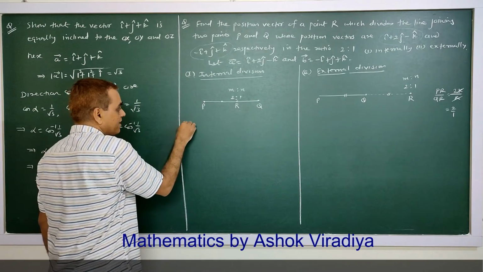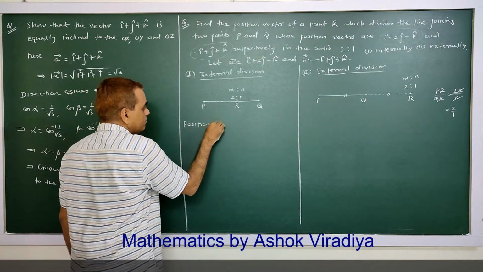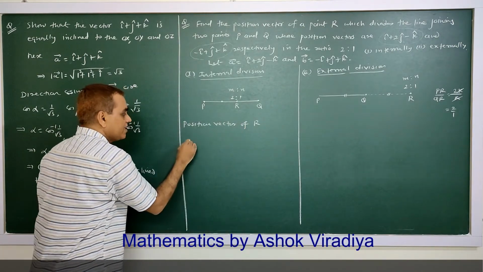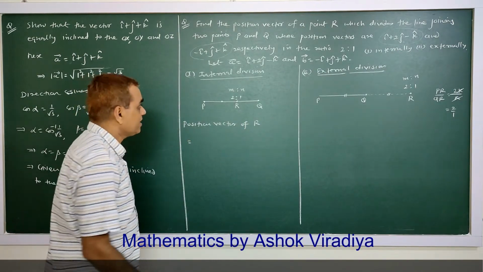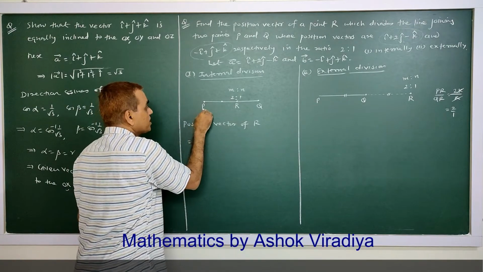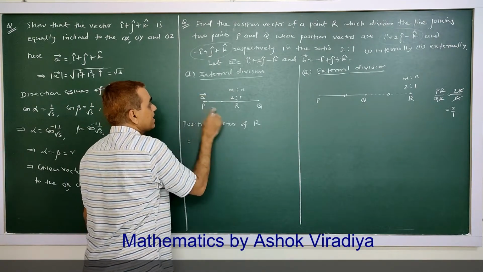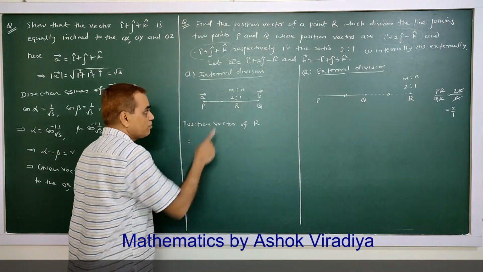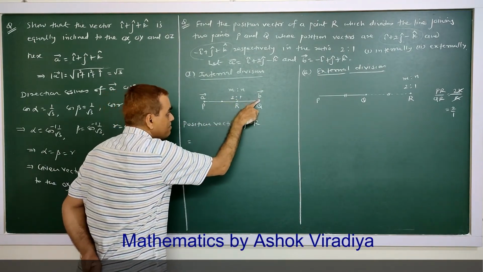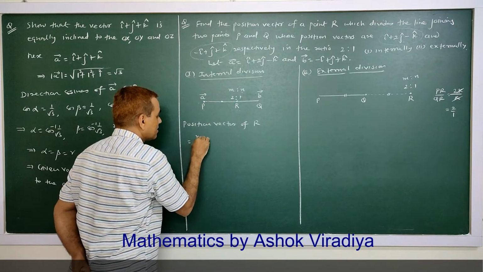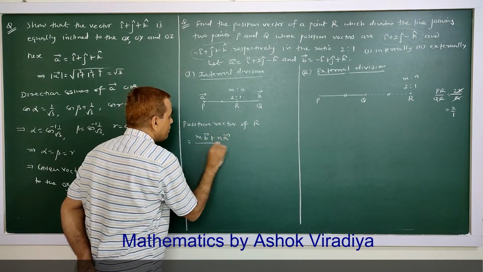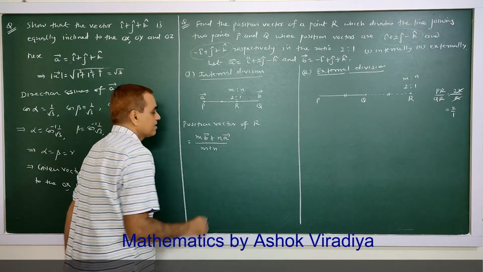So the position vector of R, the formula is, here the position vector of P is vector A, position vector of Q is vector B. So the position vector of R is (M B bar plus N A bar) upon (M plus N).